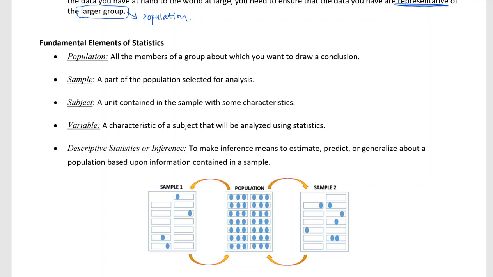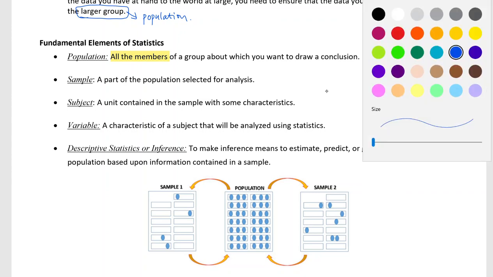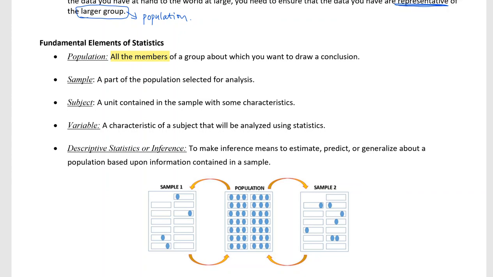The population is all the members of a group about which you want to draw a conclusion. All right, so here be careful about all the members.